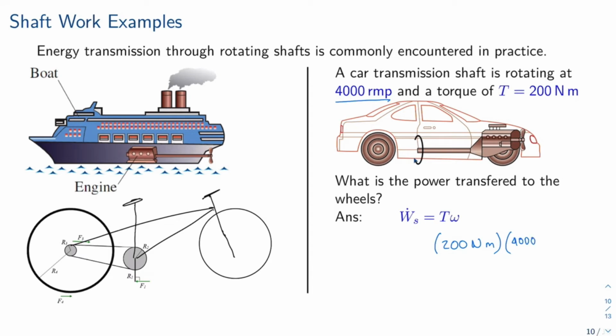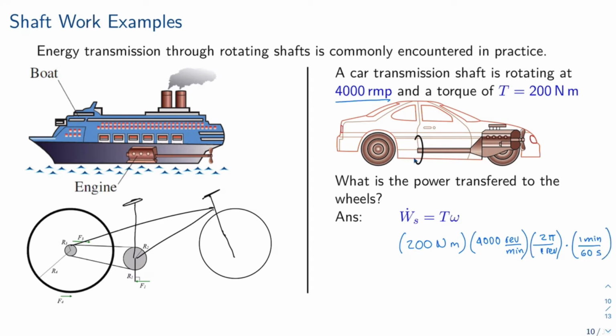So this is 4,000 revolutions per minute, and then we multiply by 1 revolution divided by 2 pi radians, and then we have to convert the minutes into seconds, so we multiply by 1 conveniently, 1 minute divided by 60 seconds.